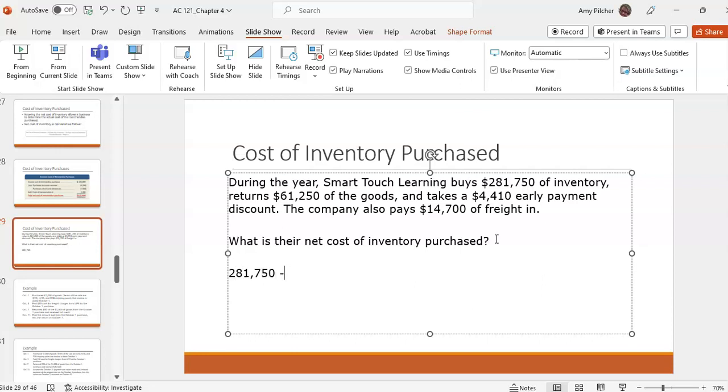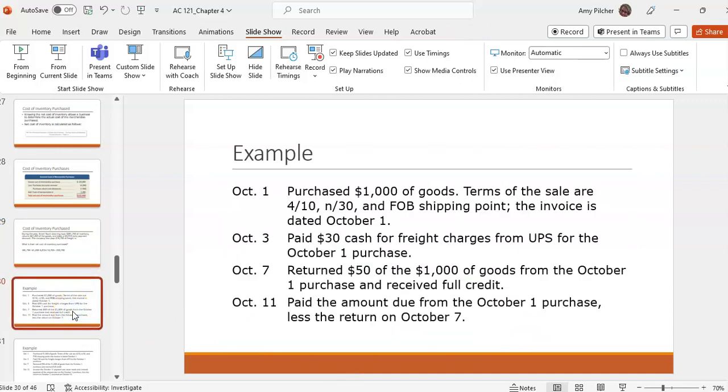We're going to subtract our returns and allowances, and we're going to subtract that early payment discount, and we're going to add $14,700 in shipping costs, and we get a total cost of $230,790.